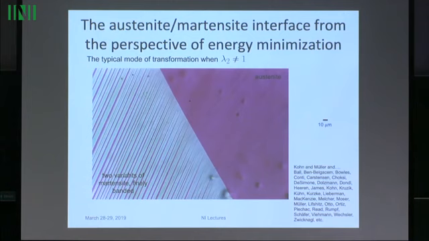When it was first observed, it attracted a lot of attention because, of course, it's a beautifully planar interface. People measured the normal to this interface, and they expressed the normal in the lattice vector basis of the austenite phase, the cubic basis. They expected the normal to have numbers like 2, 5, 3, or 7, 1, 2.